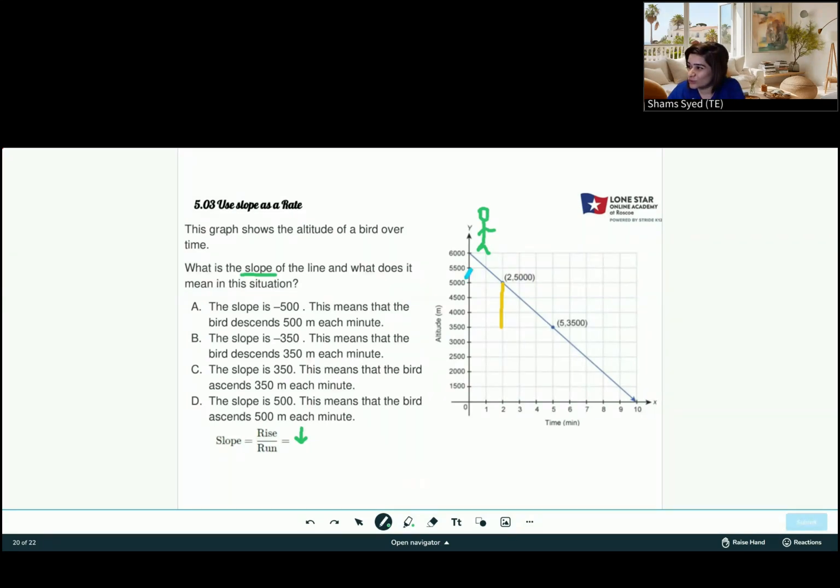So class, now you tell me, think about if you go down from 5,000 to 3,500, how much did you go down? From 5,000 to 3,500, how much do you get? Carter, I appreciate that. It is 1,500.